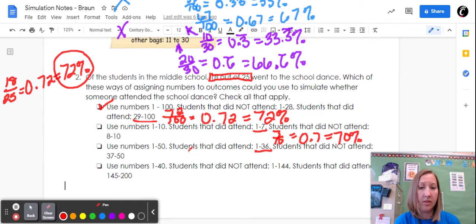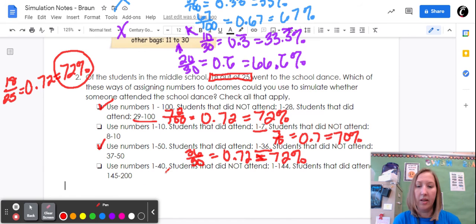That is 36 numbers out of 50, which when I divide, 36 divided by 50 gives me 0.72, which when I multiply that by 100, I get 72%. So this also matches. So we could run that simulation as well.